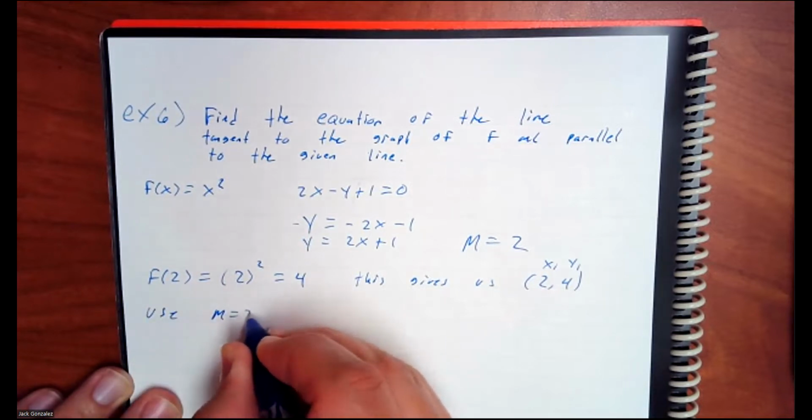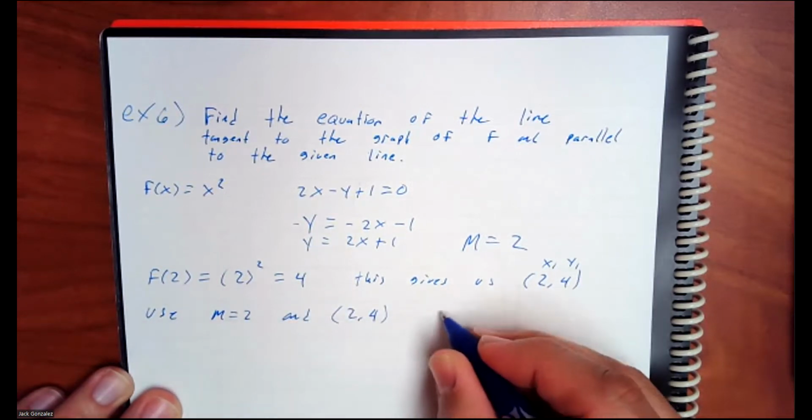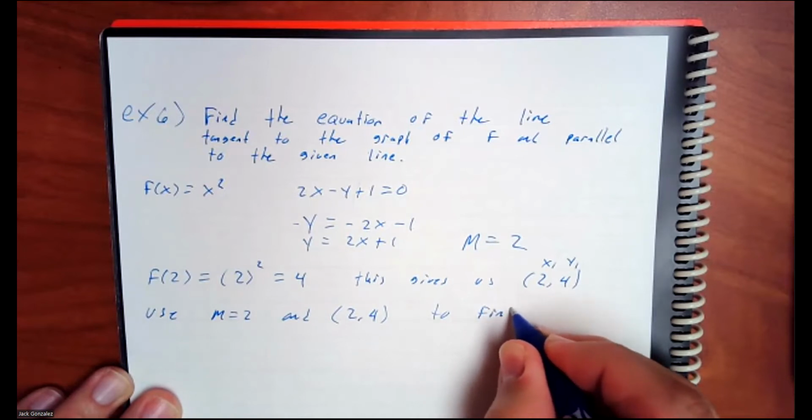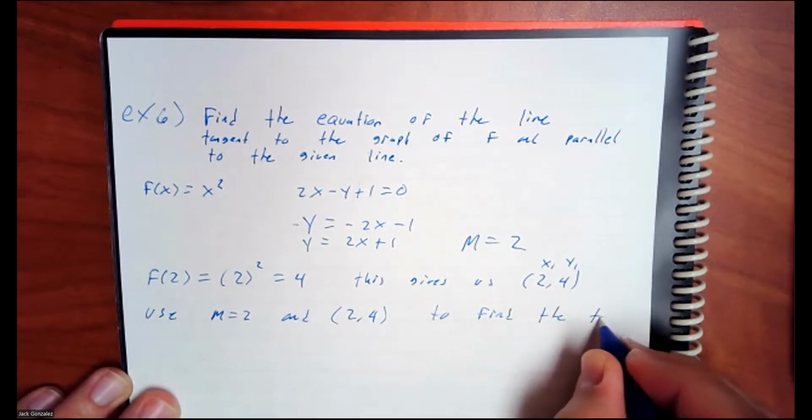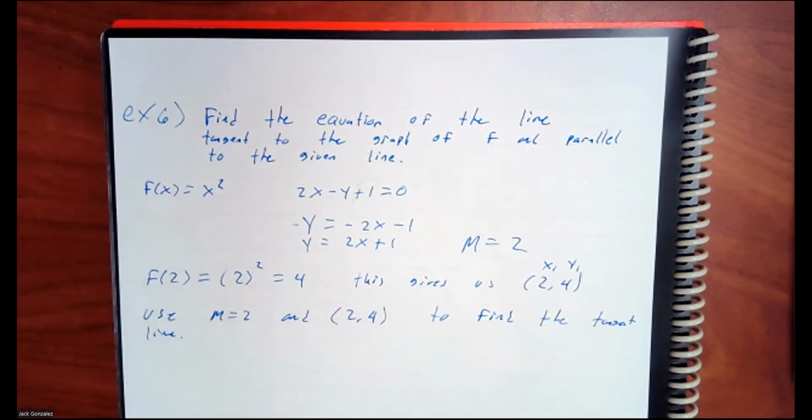Use m equal to 2 and (2, 4) to find the tangent line. It is tangent to f of x, right? That's why we plugged it into f.